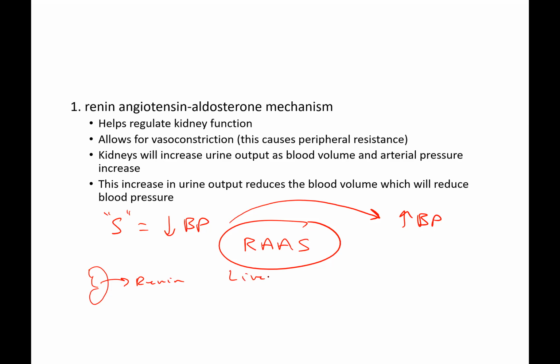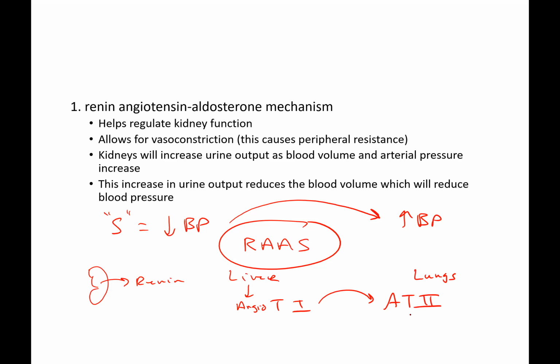The liver releases the angiotensin 1. Okay, that's eventually converted into angiotensin 2 in the lungs by your angiotensin converting enzyme, right, the ACE.